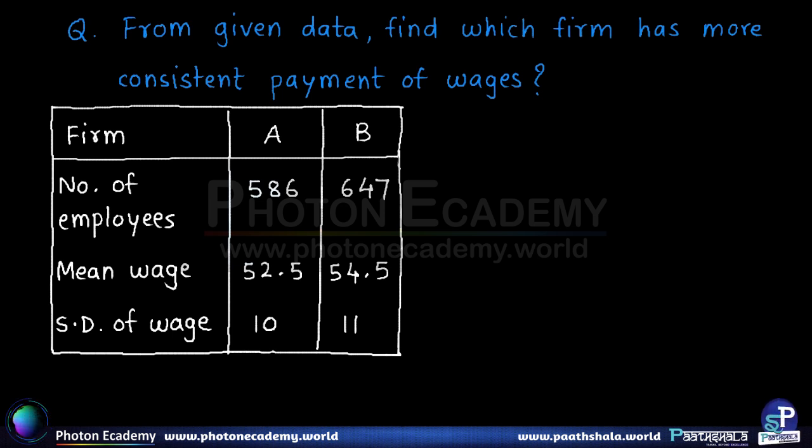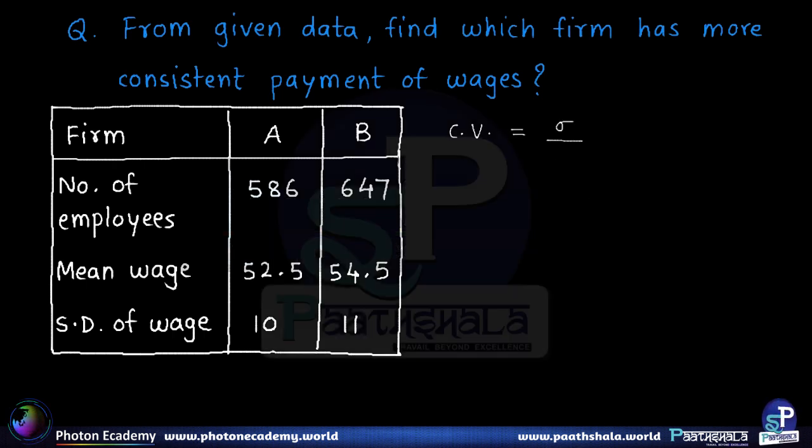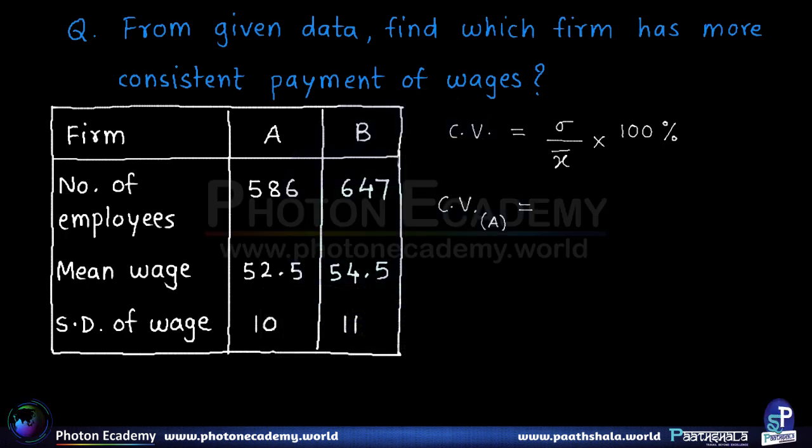Okay, so let us write the formula of CV again. CV, we have seen that sigma upon x bar into 100%. Now since the mean is already positive, no need to take the absolute value. Now in case of first company A, we have to calculate the coefficient of variation. So therefore sigma is 10 divided by 52.5 into 100.